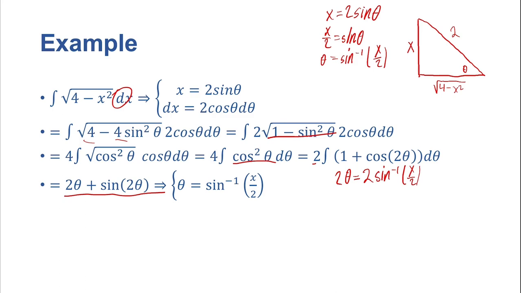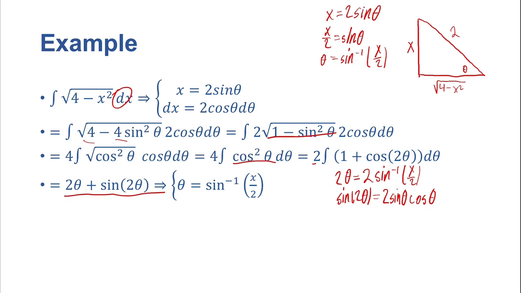So in general, sine of 2 theta, if you remember from trig, is equal to 2 sine theta cosine theta. So now we need to find our cosine theta value. We need to find what sine theta is equal to actually. So sine theta is equal to the opposite over the hypotenuse.